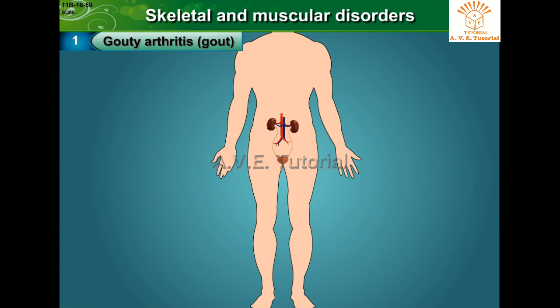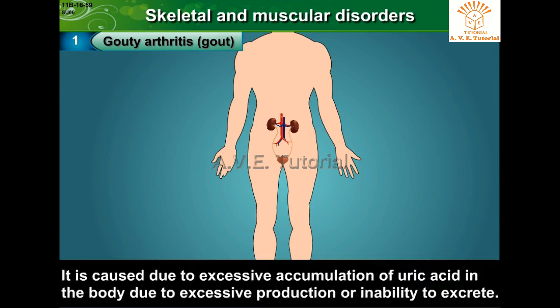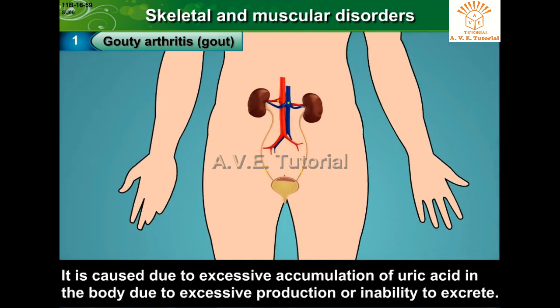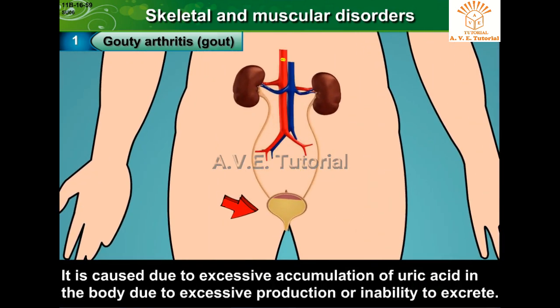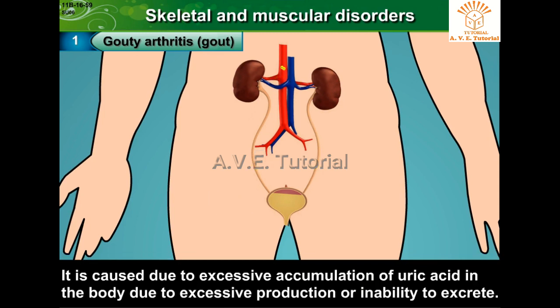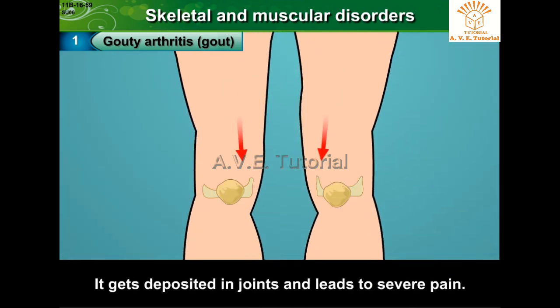Gouty arthritis or gout. It is caused due to excessive accumulation of uric acid in the body due to excessive production or inability to excrete. It gets deposited in joints and leads to severe pain.